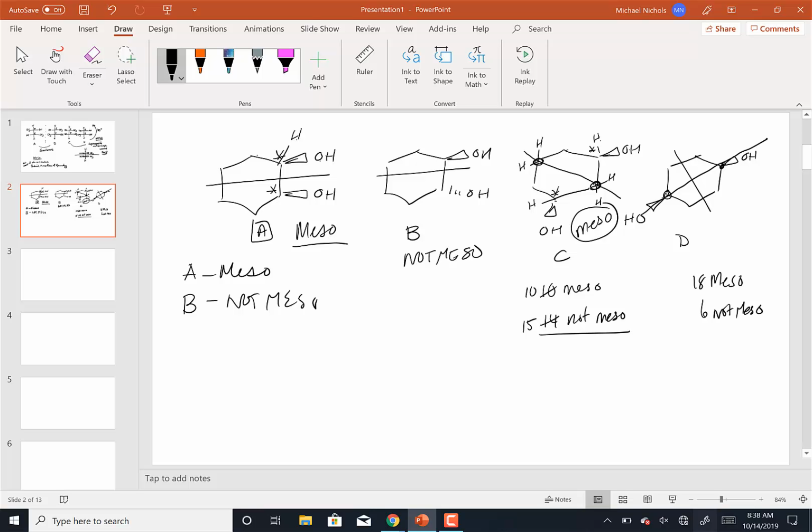How am I wrong? Well, if there's a mirror plane that passes through them, then they're not chiral anymore. Okay. That would be a logical conclusion. So if that mirror plane goes through those two carbons, they ain't chiral anymore. And if they're not, then the molecule's not chiral.